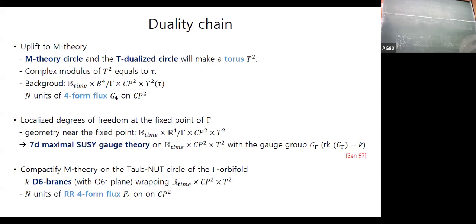Yeah, right. Literally uplifting to M theory should have given you a solution to the M theory equations, right? With a four-form flux and so on. Maybe up to the breakdown of the orbifold. At least the first part of your slide does give you some solution to M theory and so on.